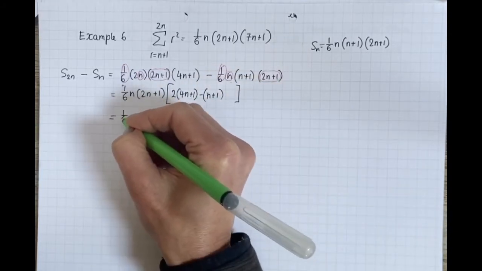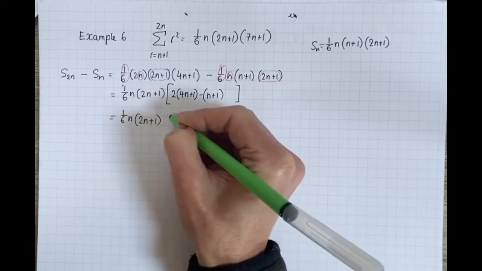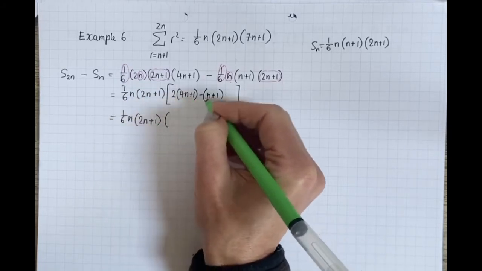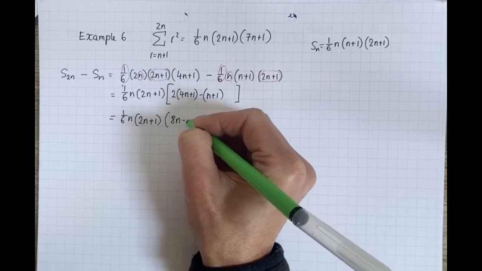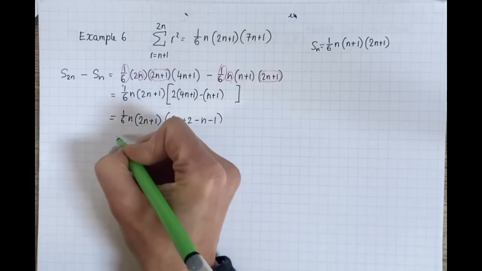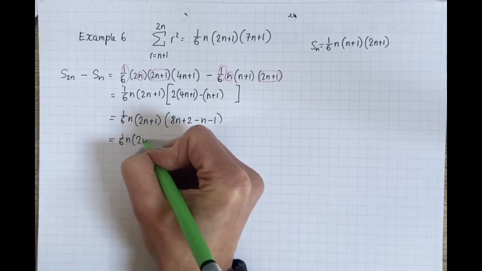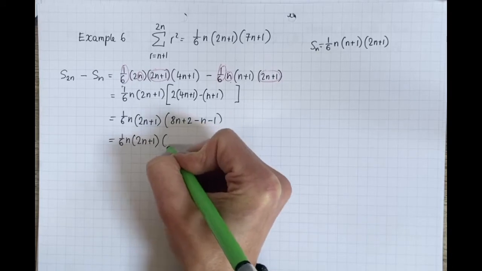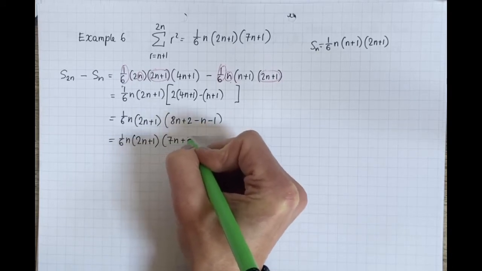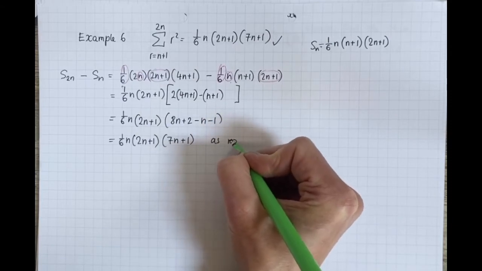So it's 1/6 of n times 2n plus 1. And then you've got 8n minus n. Let me just write it without brackets. So hopefully it will be what we are aiming for. So it's 7n plus 1, which is what we have as required.